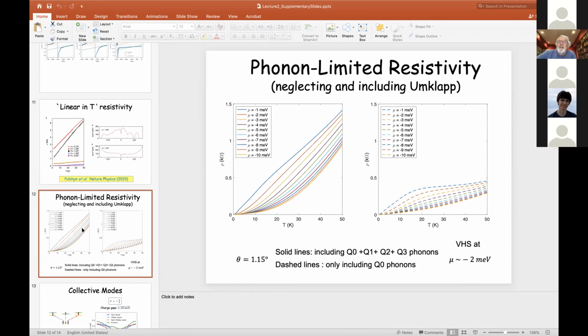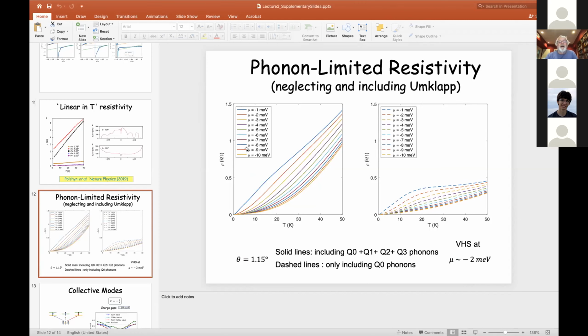And the rationale is that in the Moiré flat band, the Fermi surfaces are small, and so only small Q phonons can induce transitions on this small Fermi surface within the Moiré miniband. But in fact, when you include the fact that these wave functions in the flat bands are not plane waves, transitions between them can be excited by large Q phonons.